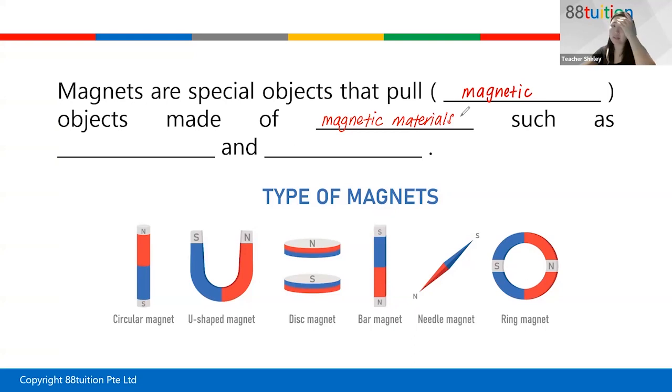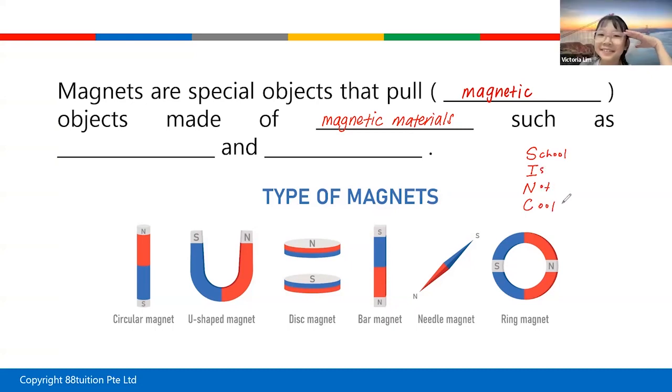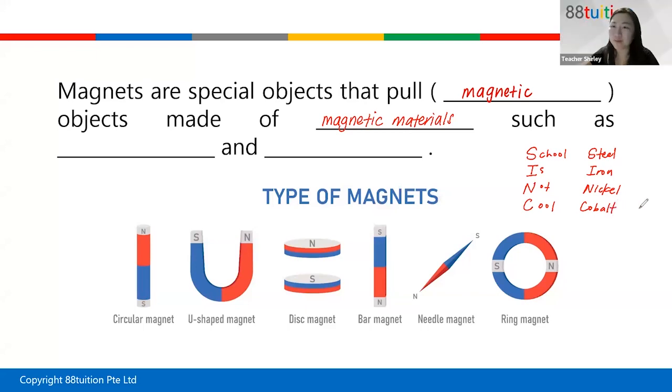And what are the magnetic materials? I will introduce four to you, but for your syllabus, you only need to know two. Basically S stands for steel, I stands for iron, then nickel, then cobalt. A lot of students think it's copper, but it's not.